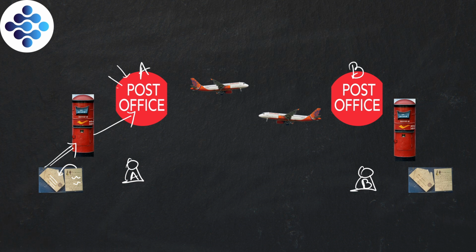The post office is receiving so many other letters also. Collectively all of them are put into an aircraft. Let's say it sends the message that we are sending from A to B, 550 letters. They reach over here, are sorted out, and then finally B gets that message. That letter will be opened and here is the matter.